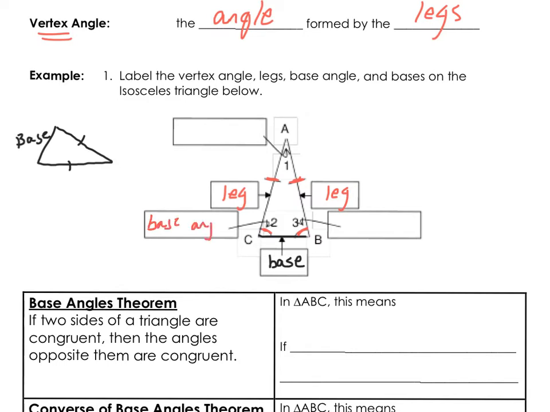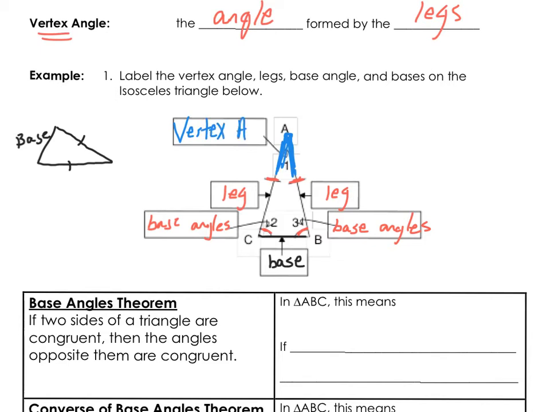Both 2 and 3 are base angles, which leaves me with my last box up top. So this angle 1 up here, up at vertex A, this angle is formed by the two legs, which means it is the vertex angle.